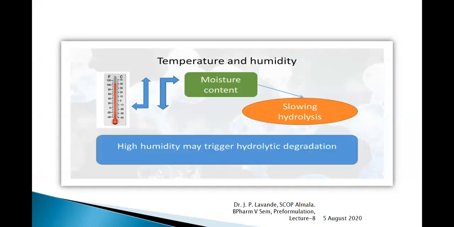Contrary to this, high humidity may trigger hydrolytic degradation. So higher temperature is responsible for reducing the moisture content and humidity, so that hydrolysis can be slowed down, whereas the presence of humidity or moisture will increase hydrolytic degradation.